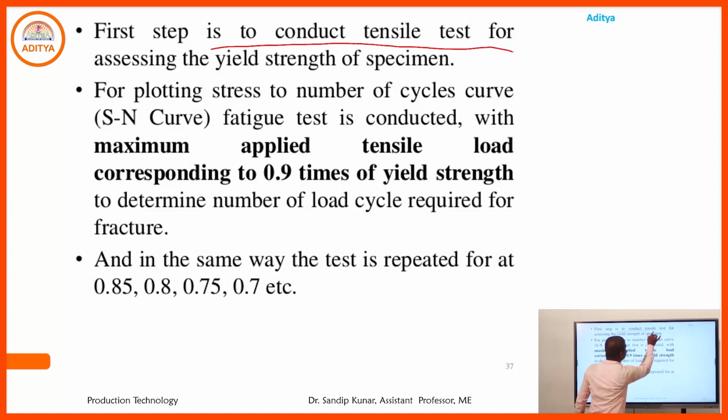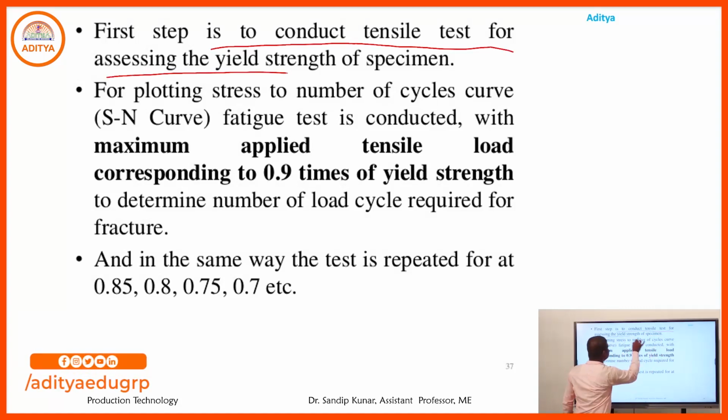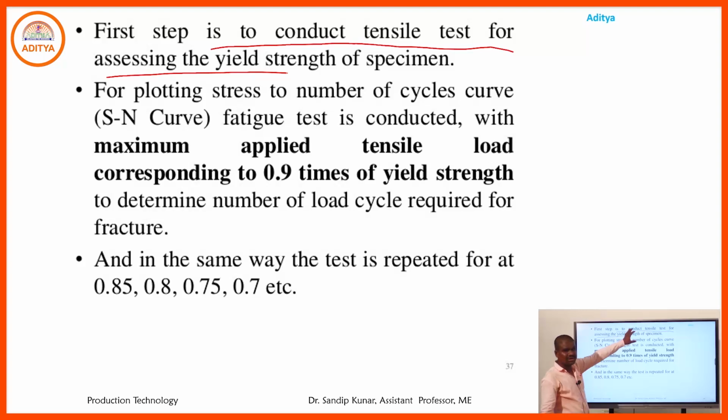What are the first steps to conduct the tensile test for assessing the yield strength of the specimen? First we conduct the tensile test to get the yield strength, meaning up to which reading the material will start to elongate, that is, start to deform. At that time we take the yield strength data of that specimen.